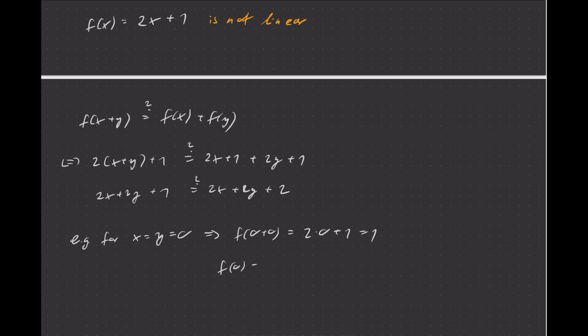But f of 0 plus f of 0 is 2 times 0 plus 1 plus 2 times 0 plus 1, and that's 2. So here we have a contradiction, and that means that the first property is not fulfilled, obviously.